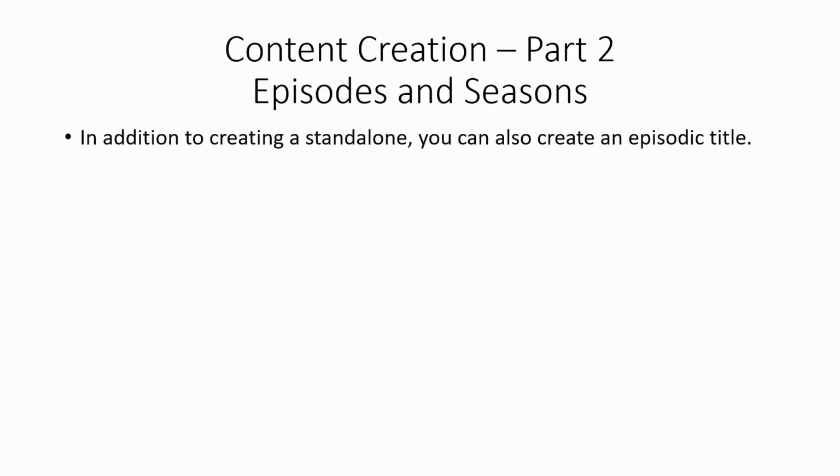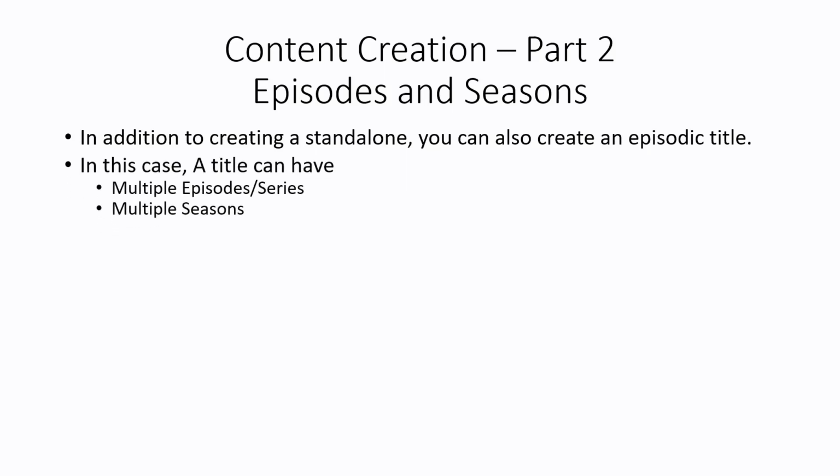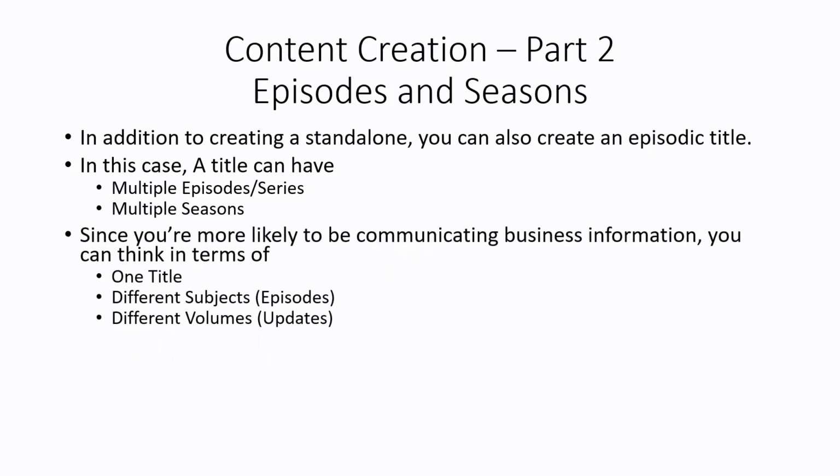So in addition to creating a standalone title, you can also create what's called an episodic title. In this case, a title can have multiple episodes, which is also a series, or multiple seasons, as you can see. And since you're more likely to be communicating business information, you can think in terms of having one title with different subjects or episodes and different volumes or updates, even though they will be called series and episodes.